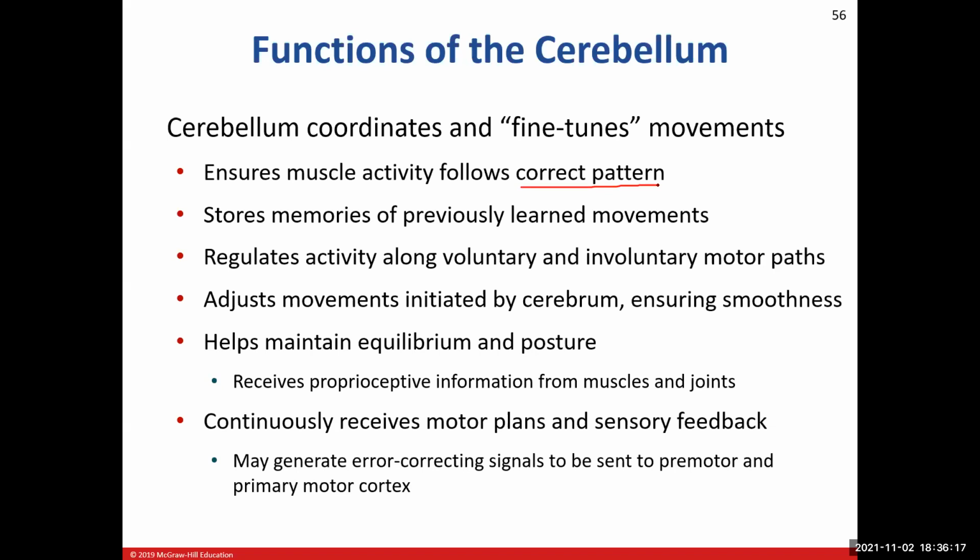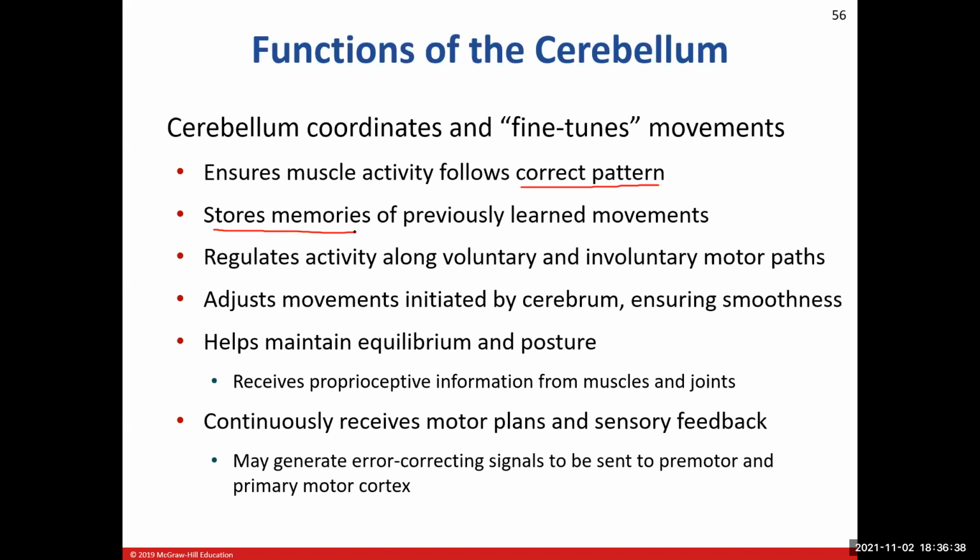And the nice thing about it is the cerebellum is another place where we can store some of our motor movements. We talked about last class how we have our primary motor cortex, and then we have an association area called the premotor cortex, which sits just in front of that. And that's where we store some of our muscle memories. Well, guess what?